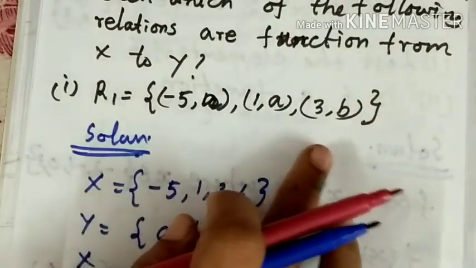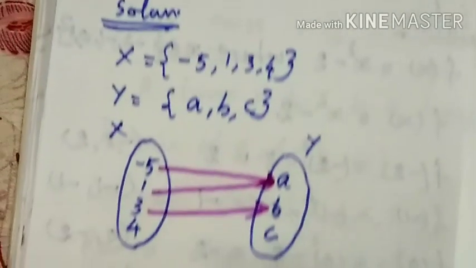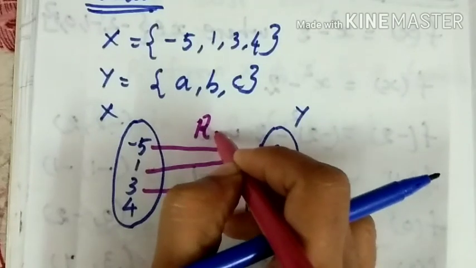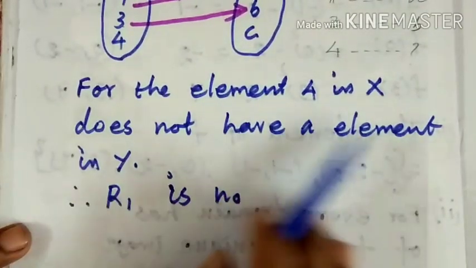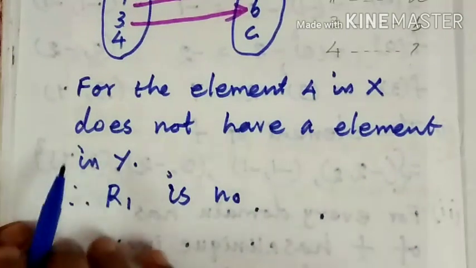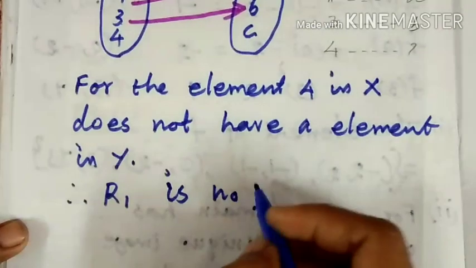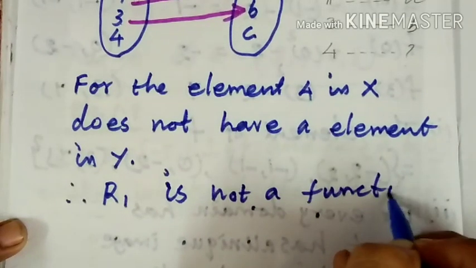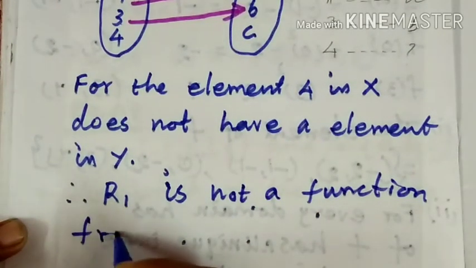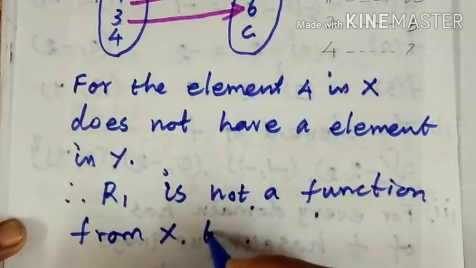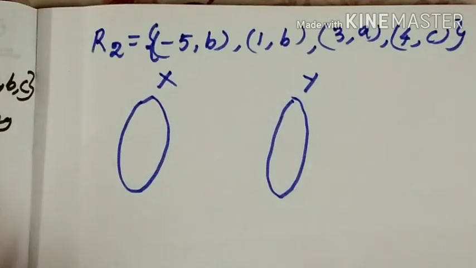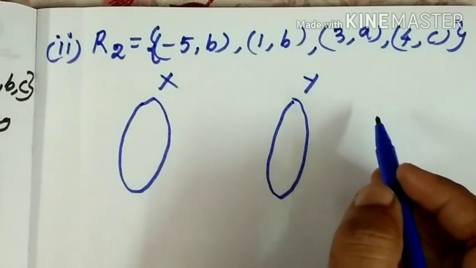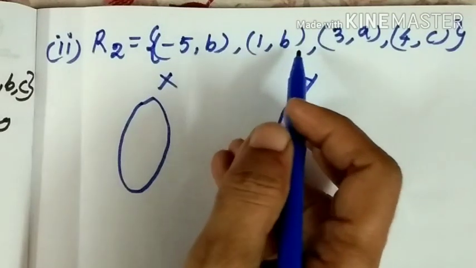Three ordered pairs are given, so we related three elements. The element 4 in X does not have an element in Y, therefore R1 is not a function from X to Y.